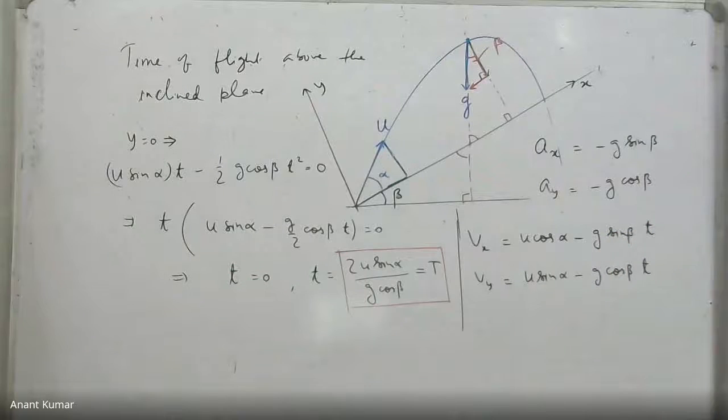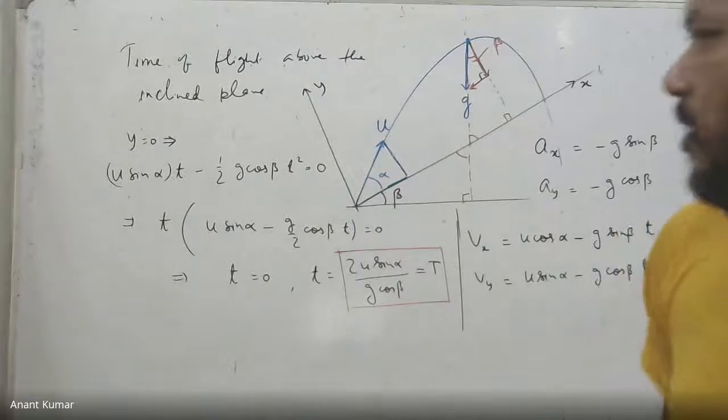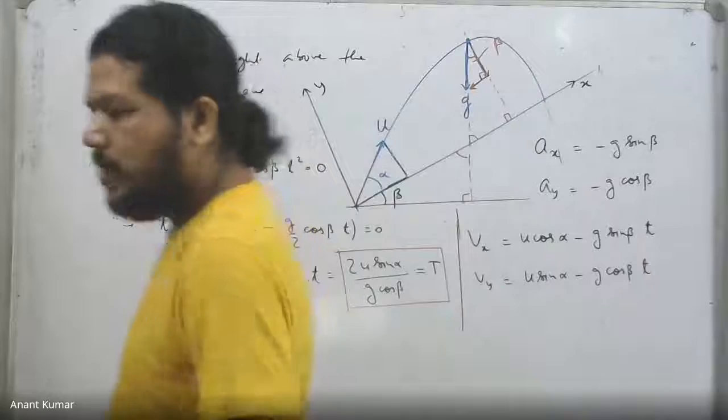So the range along the inclined surface can be obtained by finding the x coordinate at this particular t, and that we can do by putting it in the corresponding x equation that we have.